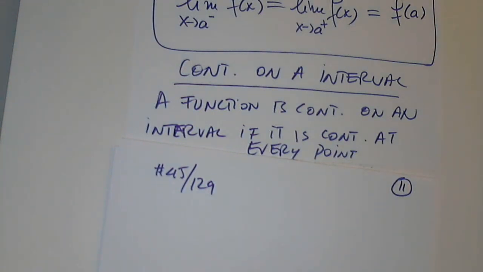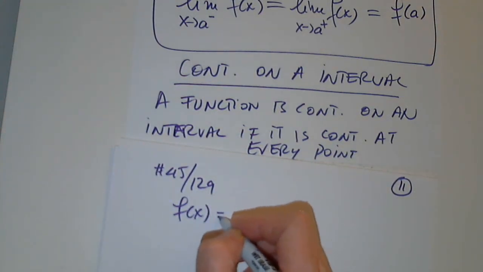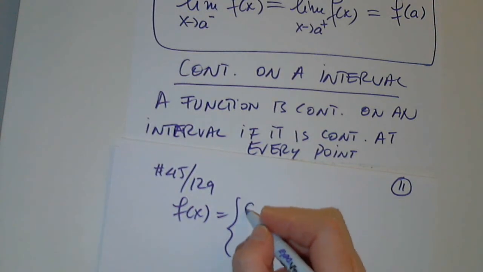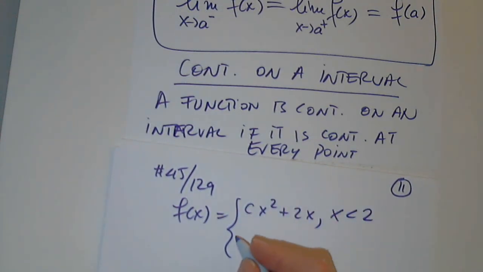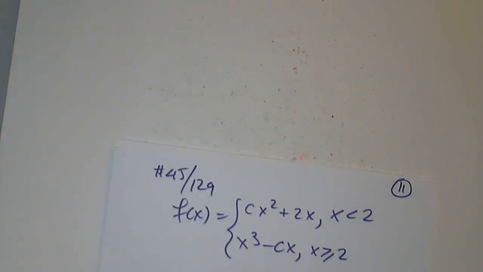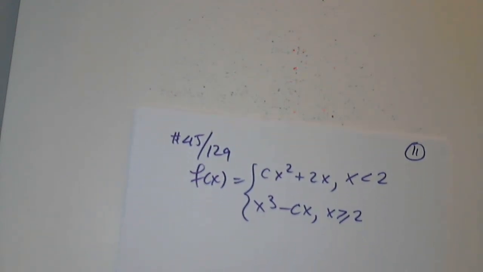Okay. So we're given a function f of x, cx squared plus 2x for x less than 2, x cubed minus cx for x greater than or equal to 2. Before we address this problem, I'd like to write a theorem.